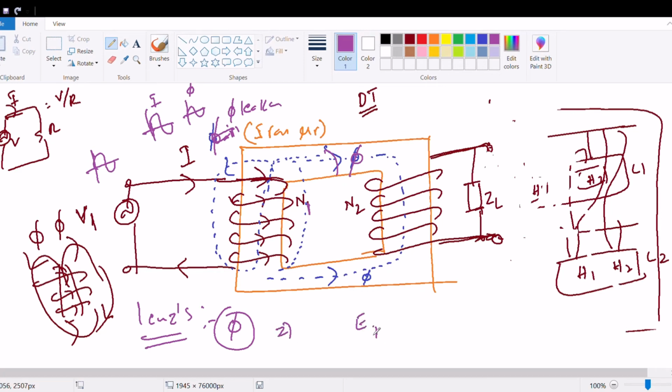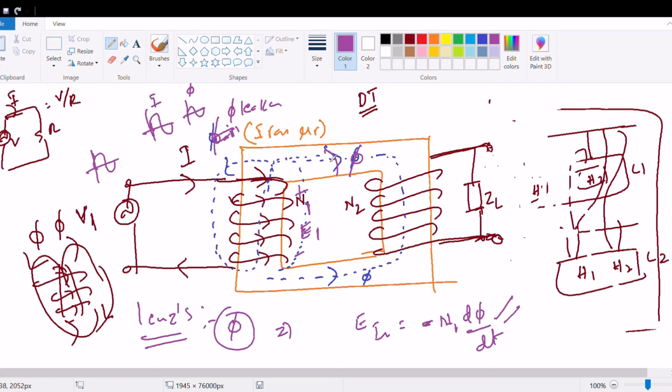We know the induced EMF formula: V is equal to minus N d phi by dt. Since the flux is varying and we have N1 turns, an EMF is induced across these terminals, which is E1. Its formula is minus N1 d phi by dt. This EMF opposes the flux, that's why it has a negative sign.